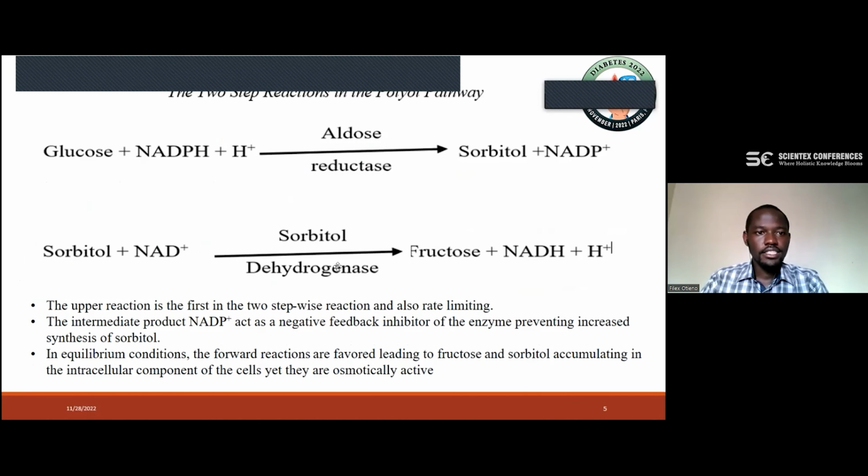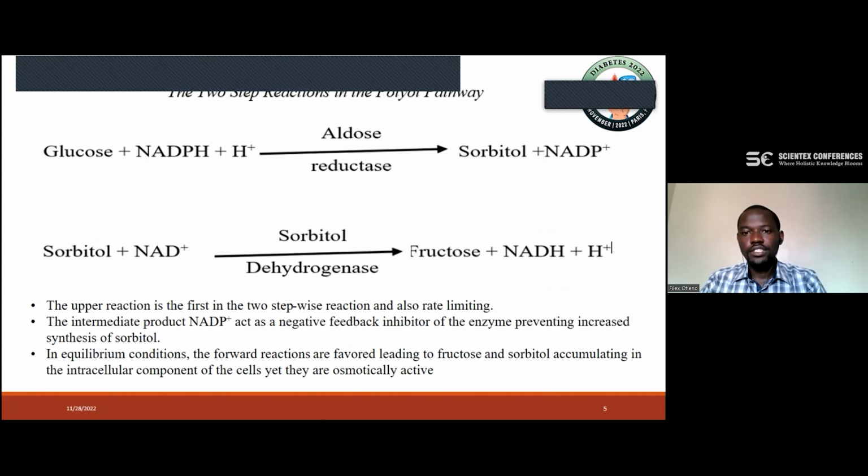As earlier stated, the sorbitol or polyol pathway is a two-step pathway where glucose is first converted to sorbitol, the alcohol form, by the enzyme aldose reductase. The intermediate byproduct is then converted to fructose, which limits the end product, that is fructose, from getting out of the cells.